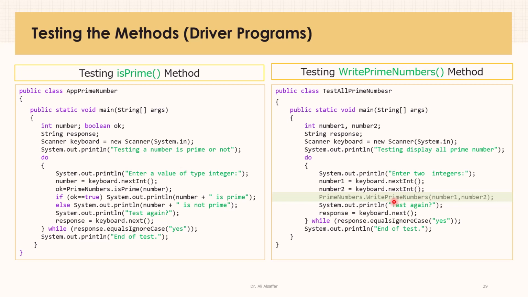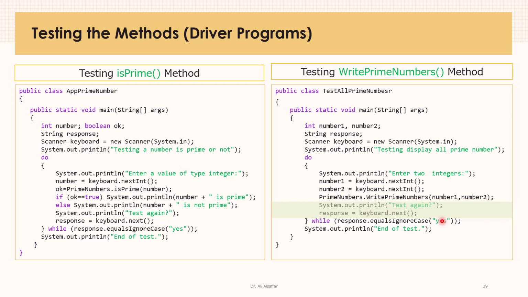And then we will observe the output that is generated from this method, whether the output generated is correct or not correct. If we want to test the method again, a message will be displayed on the screen asking the user, do you want to test again? And the user here is supposed to type yes or other words than yes.